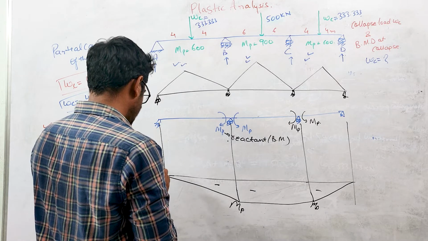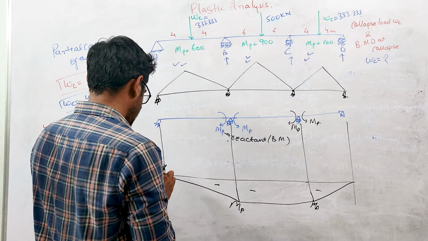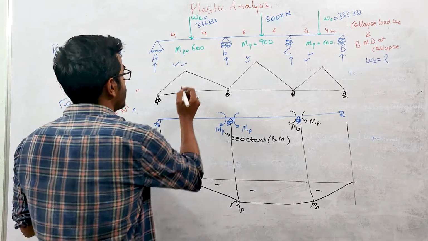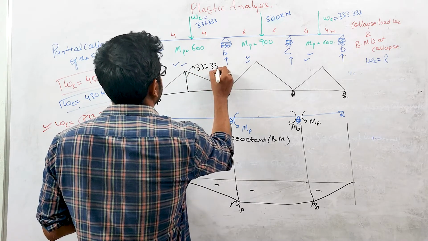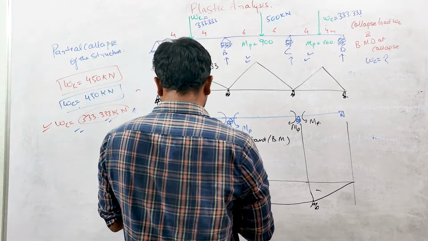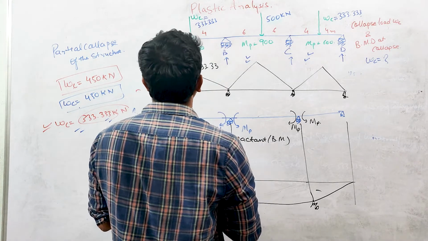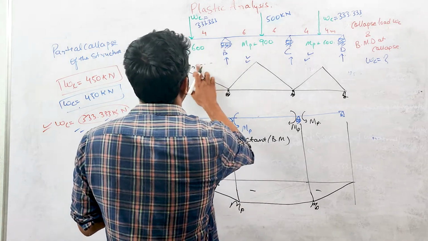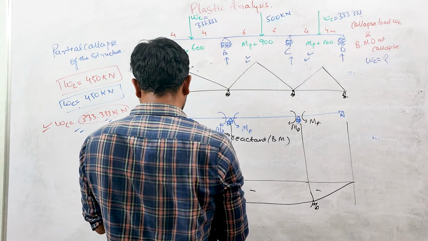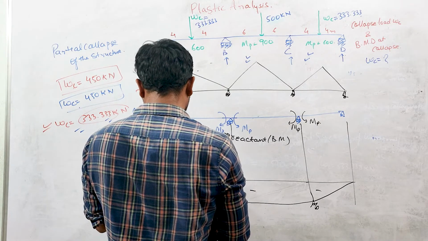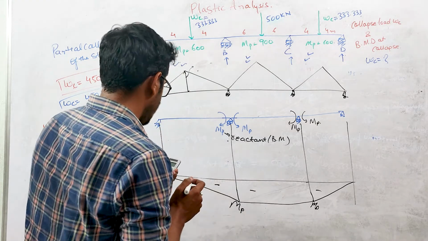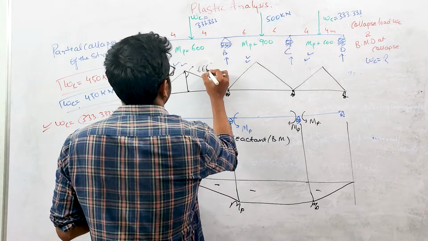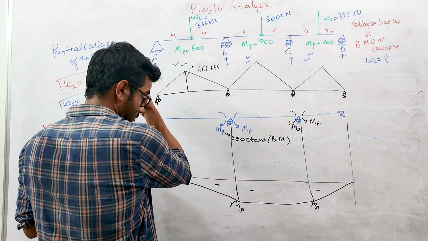So this is again 333.33. This value is 500, PL by 4, that is 8 divided by 4. This is 666.66, right?